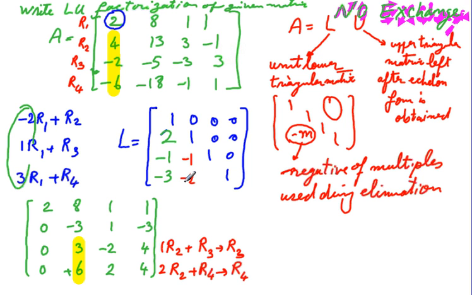That negative reflects turning a matrix into its inverse. So if we go ahead and do this, we have 2, 8, 1, 1, 0, -3, 1, -3.